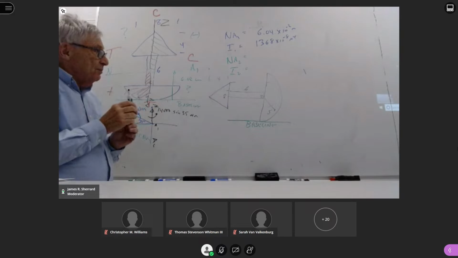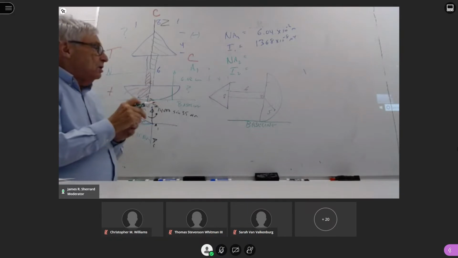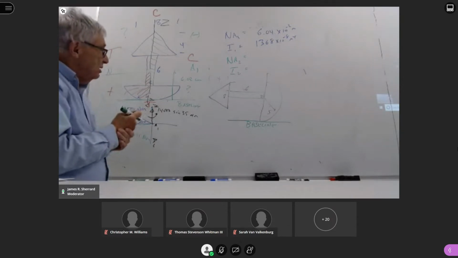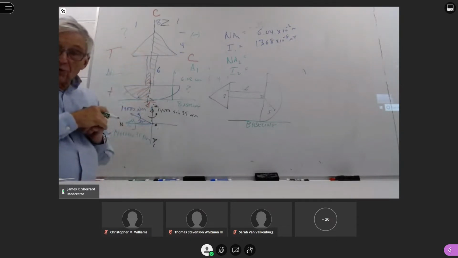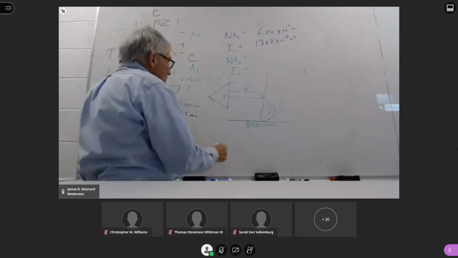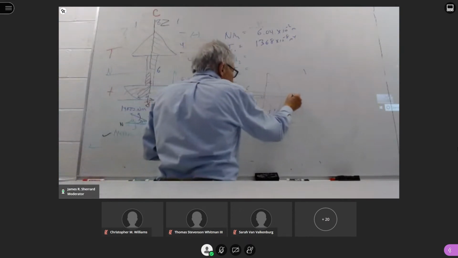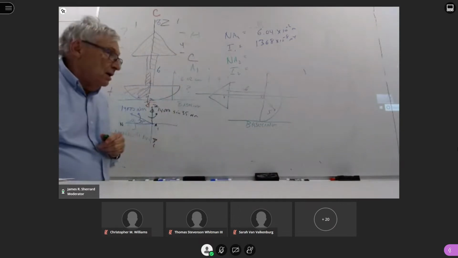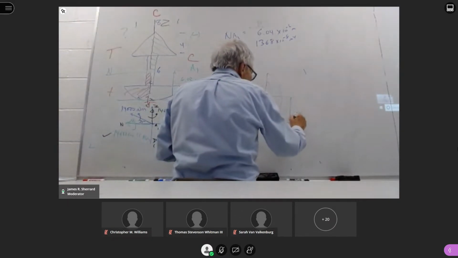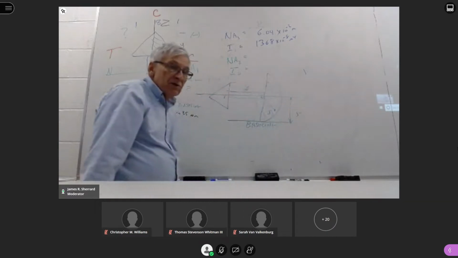Now, if you were smart enough to look at this and say, you know, this thing is symmetrical, and if it's symmetrical, then that neutral axis is going to go right down the middle of this thing. And this neutral axis is going to be 5 centimeters high.